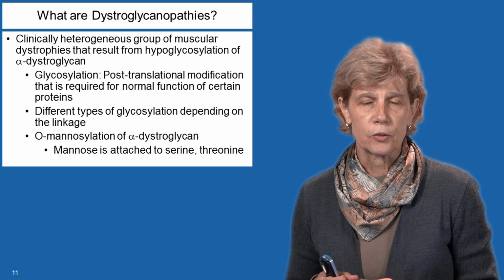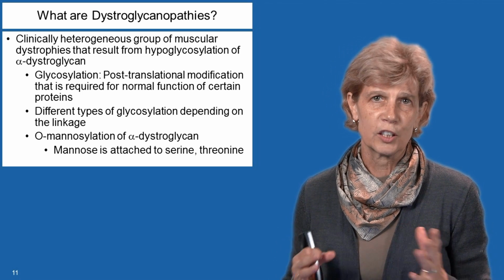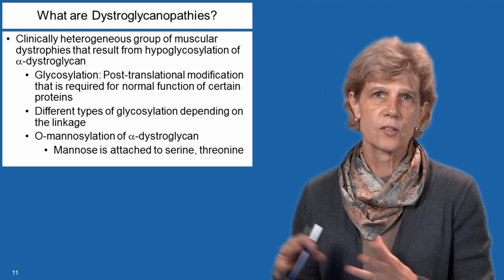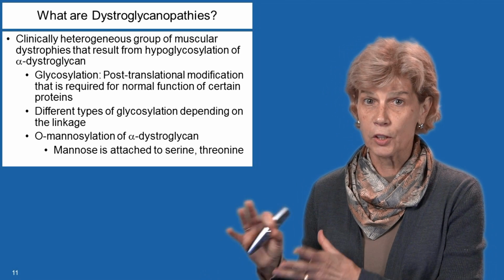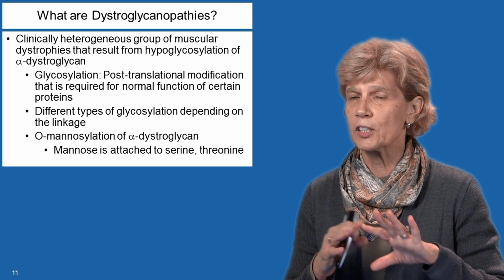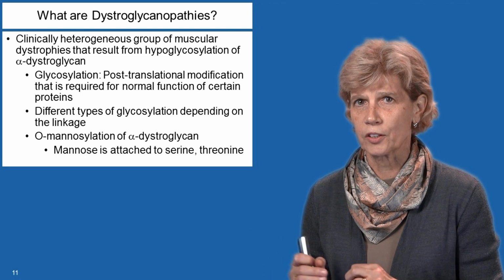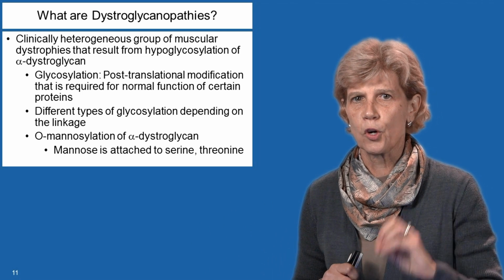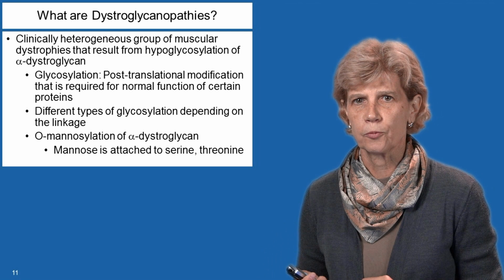This is for pediatric neurologists. This group of glycosylation disorders is very important because there are other diseases that have very different manifestations that have a different kind of glycosylation. So we're talking today about just O-mannosylation of alpha-dystroglycan.